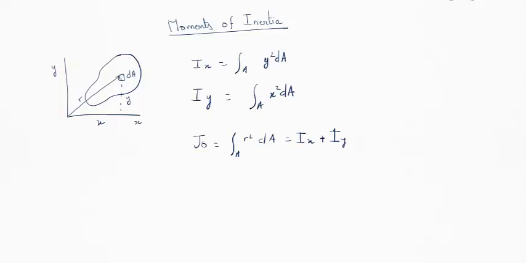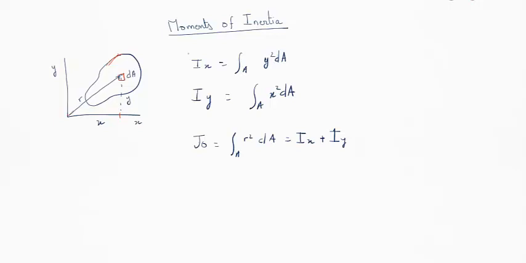So, let's say we have this rigid body that I drew over here. Let's take a chunk here, dA, position x, y, and the distance r here.